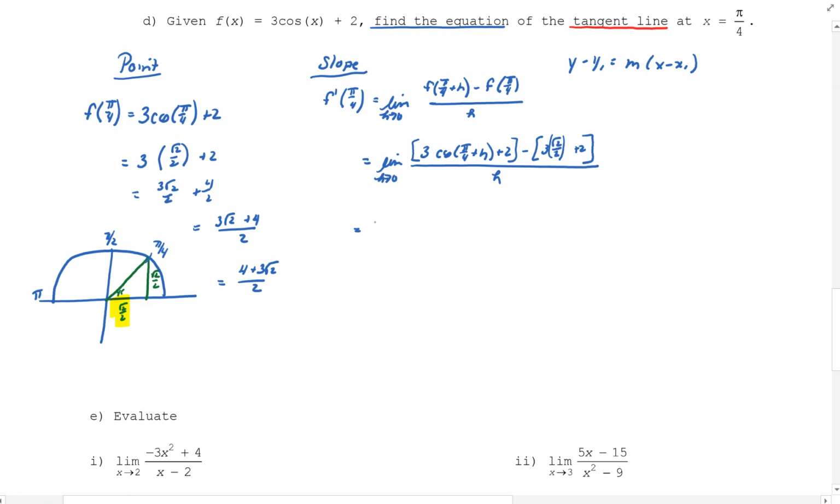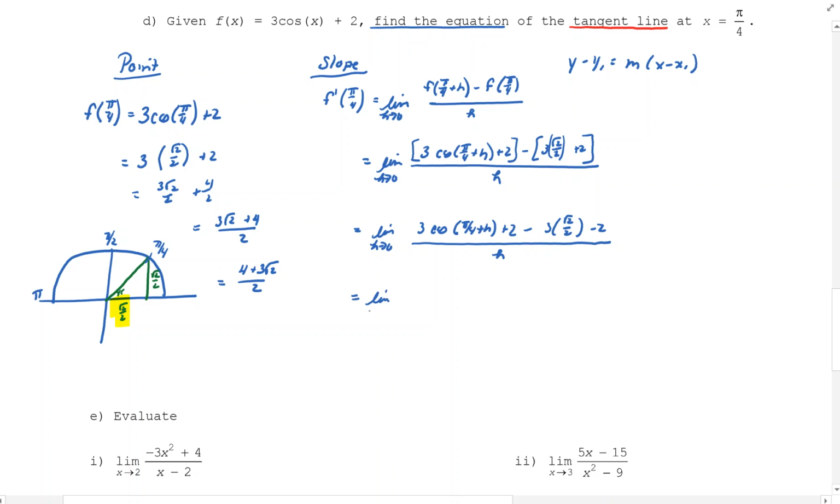Tidying up, we've got the limit as h goes to 0 of 3 cosine pi over 4 plus h plus 2 minus 3 root 2 over 2 minus 2 all over h.